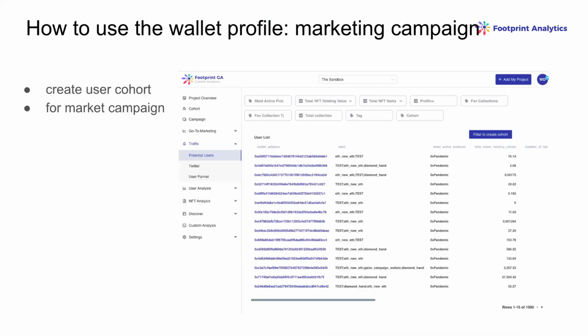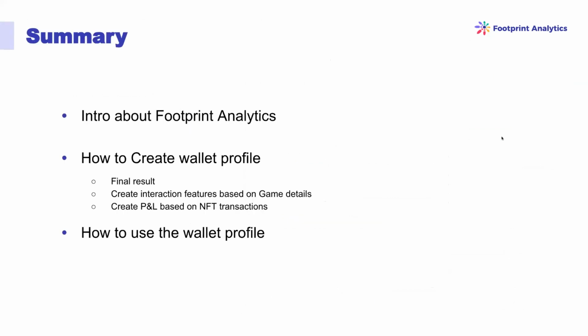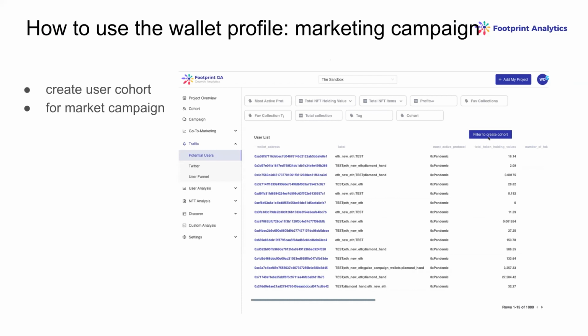But for another application, which is what we currently focus on, using Footprint data to build an application, we have an application called Growth Analytics. This is just one feature of how we use the wallet profile to create what we call a user cohort. We have many columns; this screenshot doesn't show all of them.